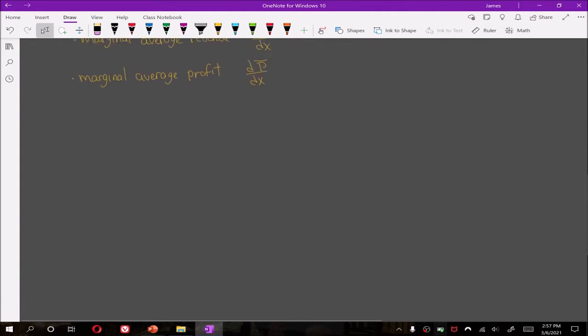If we're given a function f of x, we say that the relative rate of change of f of x is f prime of x divided by f of x.